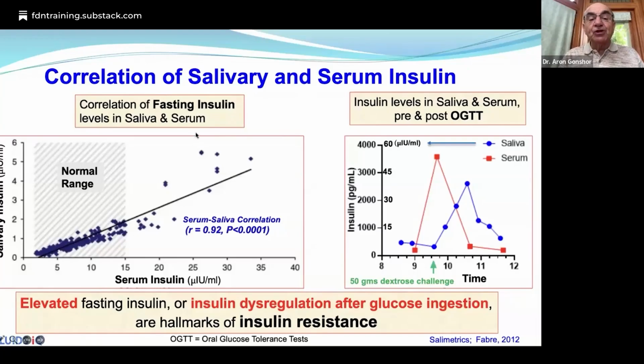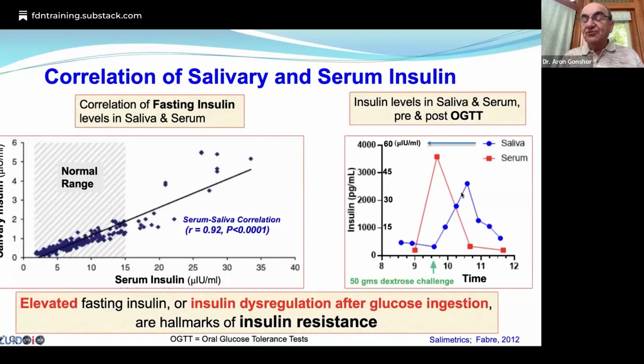Just as a point of interest, we look at fasting insulin in the morning when you haven't had anything to eat yet. At noon hour, which is the second time you take saliva, you now stress the system. In blood, you would see a change immediately. In saliva, you would have to wait about 45 minutes to an hour.